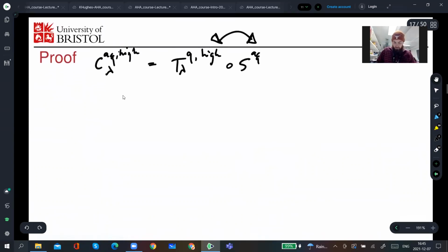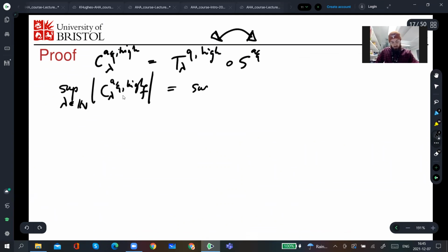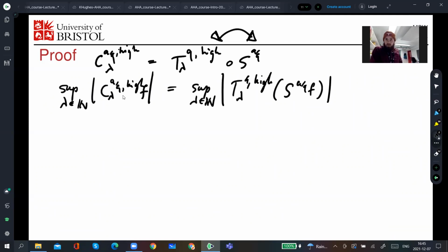Great. Now, when I take the supremum, this has a nice effect. If I take the supremum over lambda and n of C lambda A over Q, the high part, say, its absolute value, and I apply it to a function f, then I get the sup over lambda, of course, of T lambda Q high of S A over Q F. I actually have that it's the maximal function over just this part applied to this new function.